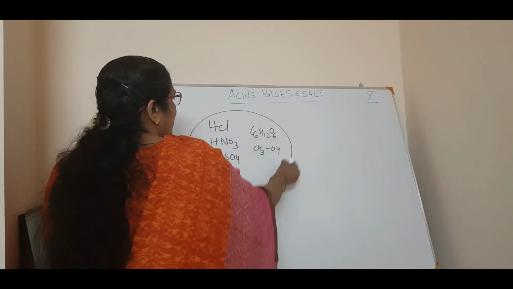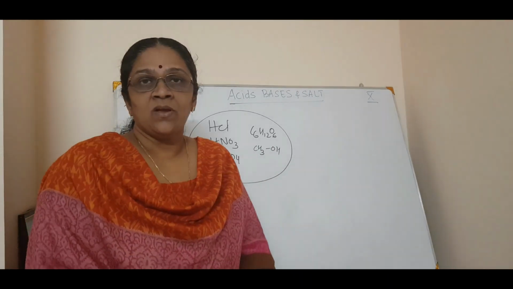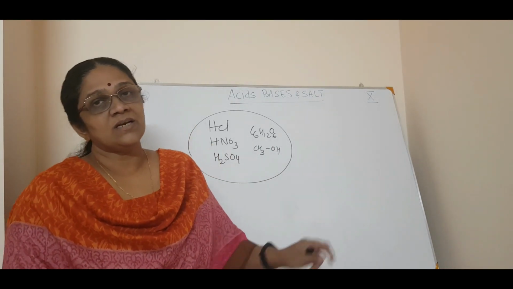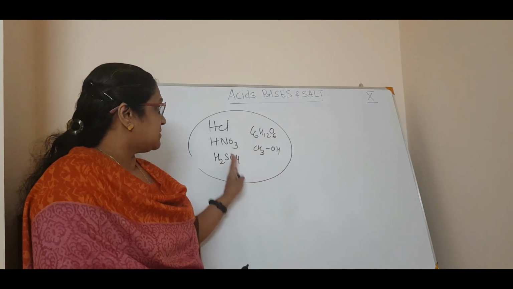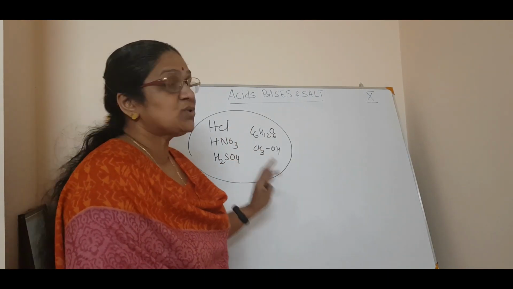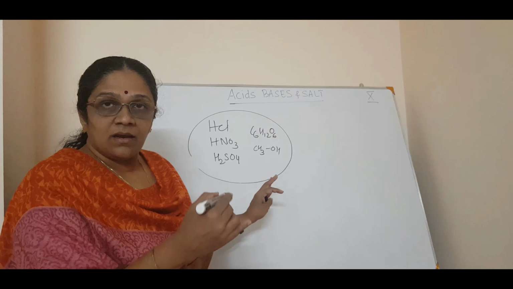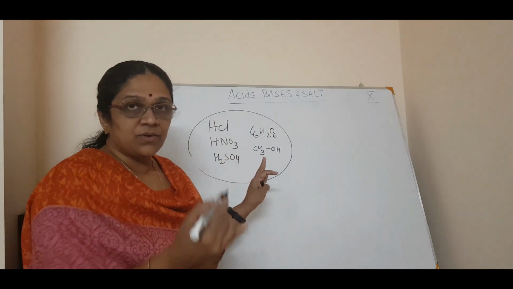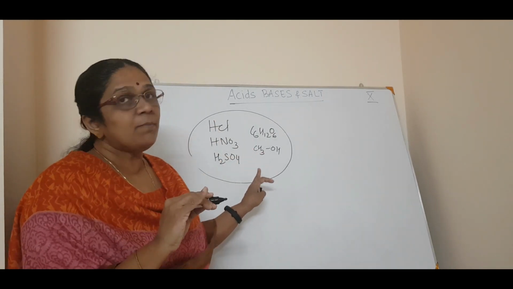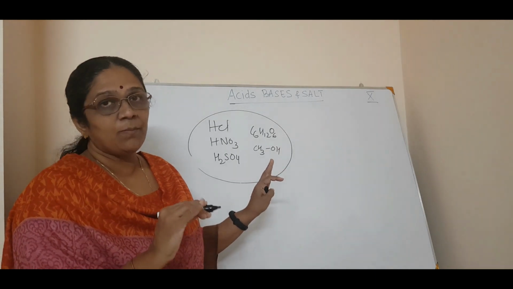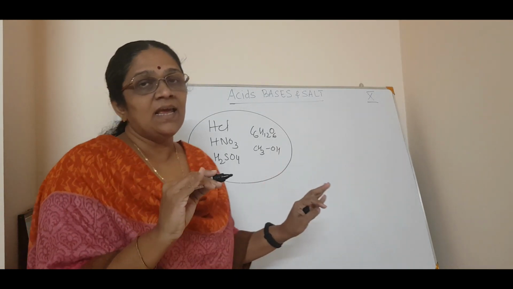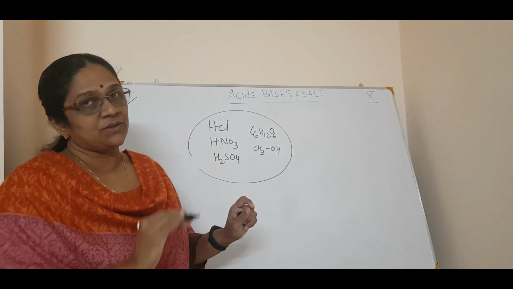What was the result? In all of these, HCl, HNO3 and H2SO4, when we bring a circuit with a bulb in it, the bulb glows, which means that electricity is passing through the circuit.